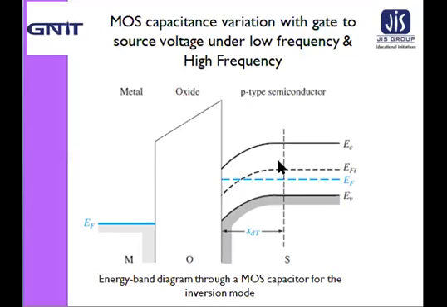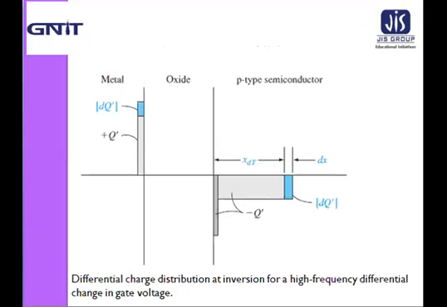They will be a function of the frequency of the AC signal which is used to measure the capacitance. In the limit of very high frequency, the inversion layer charge will not respond to a differential change in capacitor voltage.